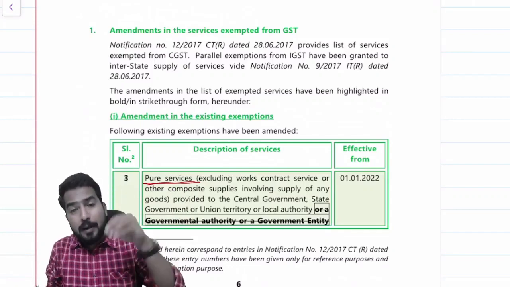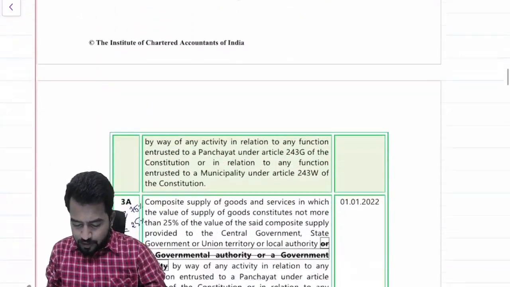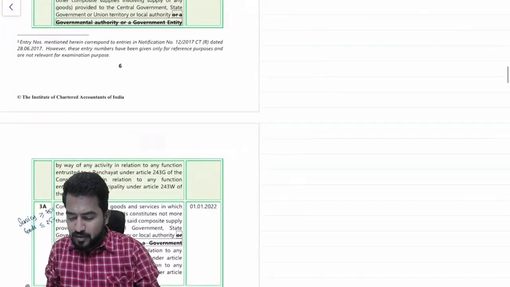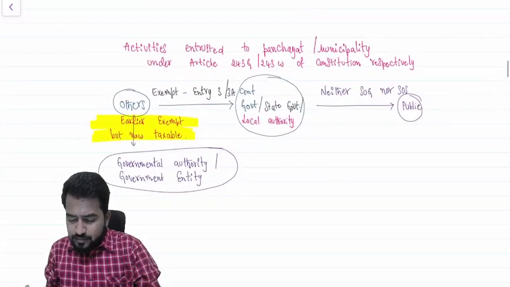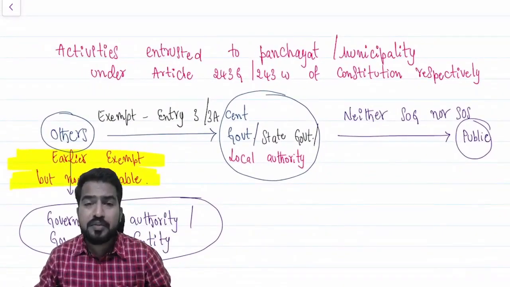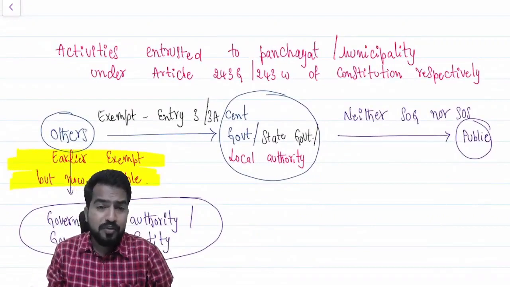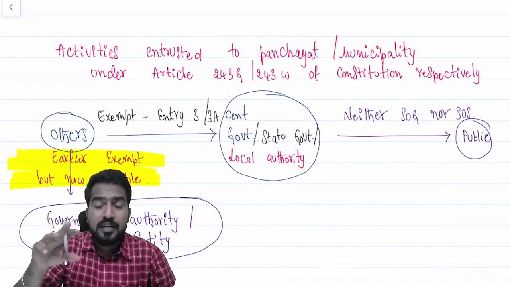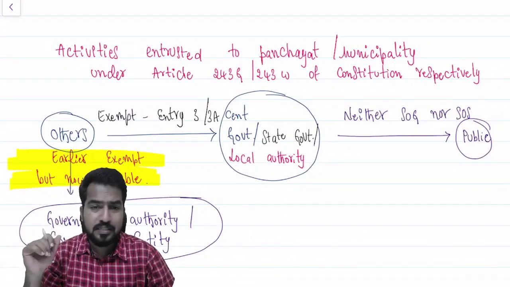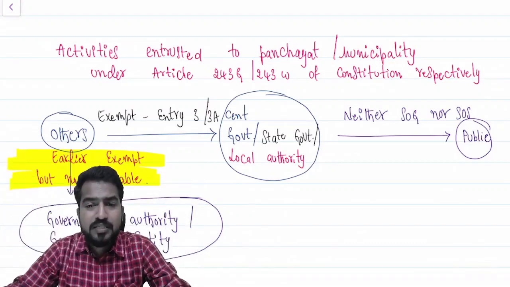the exemptions which got amended. See, there is an amendment in entry number 3 and 3A, my dear friends. If you remember entry number 3 and 3A, we understand generally, if you remember schedule 3, which talks about neither supply of good nor supply of service, and below that there are certain notifications given by the government telling which transactions are neither supply of goods nor supply of services. So here, let me summarize this story. Please understand.